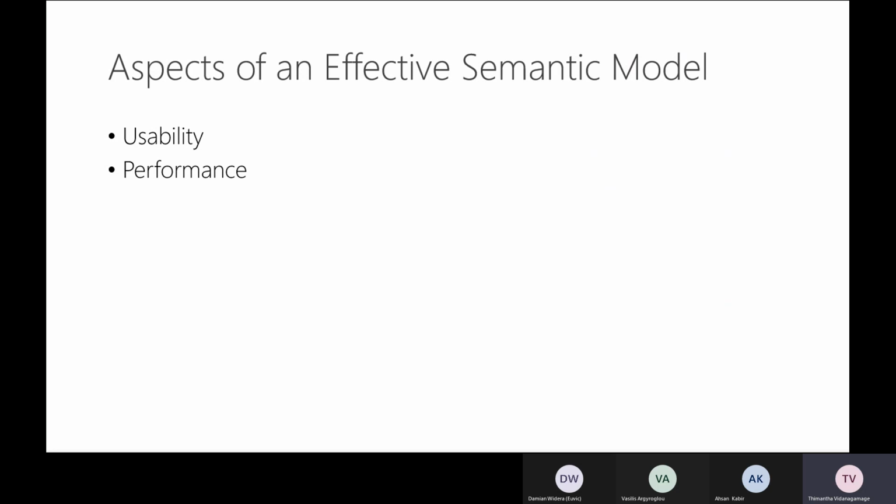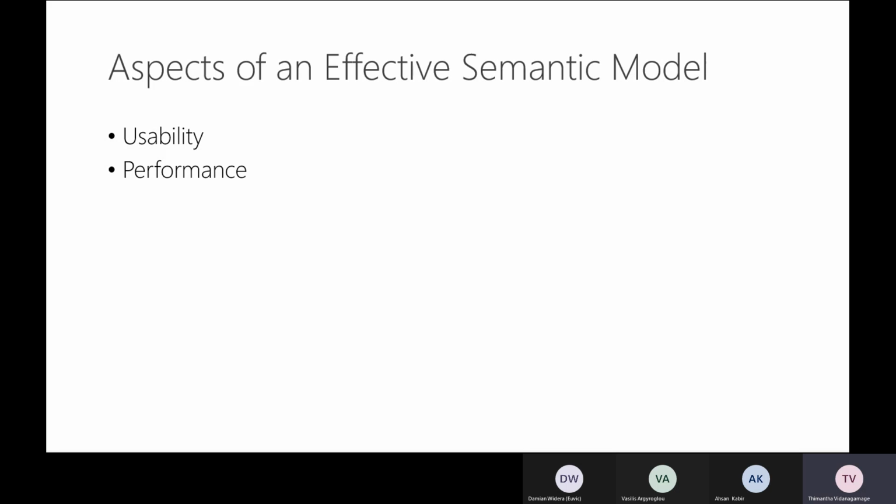Usability is how easy the data model, or the semantic model, is to be used and consumed by the end users, while performance is about whether the model is optimized enough to cater to analytical purposes and whether it's in an optimal state.